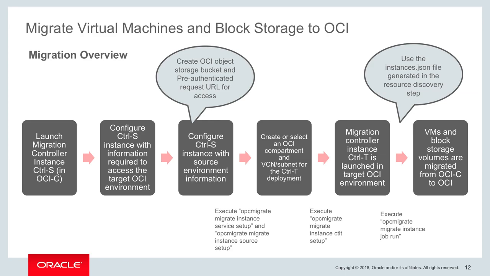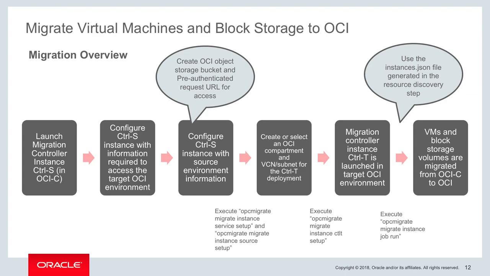You'll also need to create or select an OCI compartment and a VCN subnet for the creation of the controller deployment. Once you execute OPC Migrate instance target setup, the target control environment gets created in OCI.